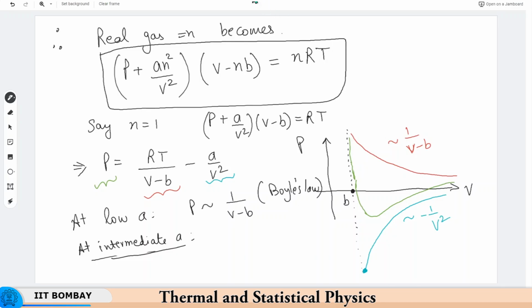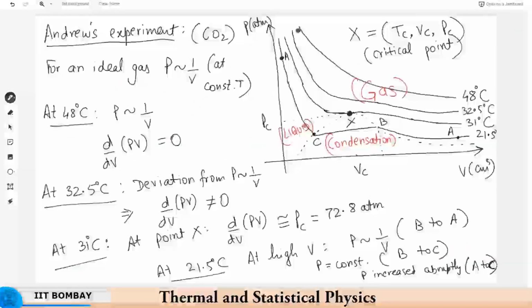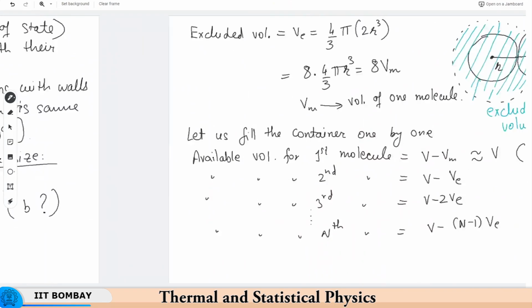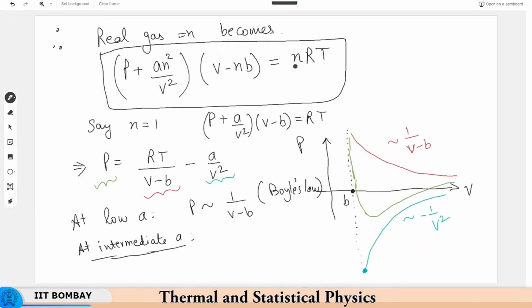And this is exactly what we saw in the Andrews experiment. At very high temperature, PV was constant along the line, but then we started seeing this deviation, and this real gas equation also captures that trend.